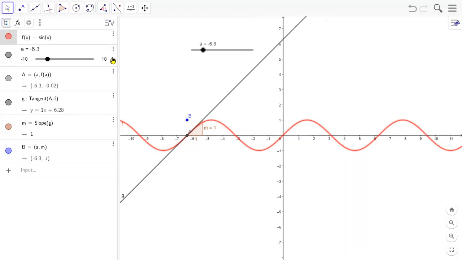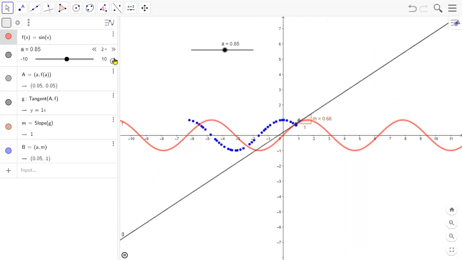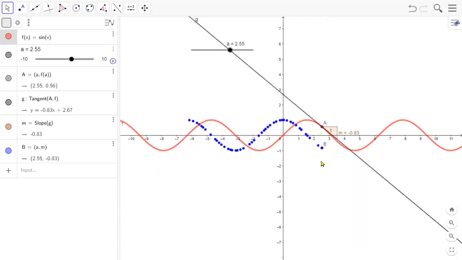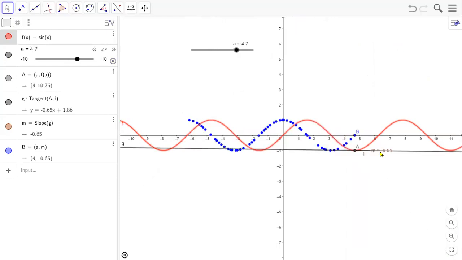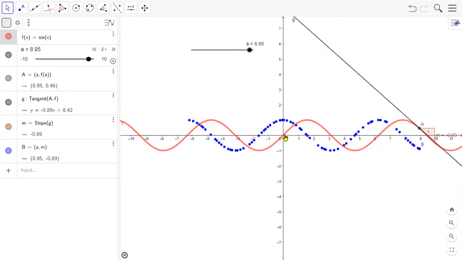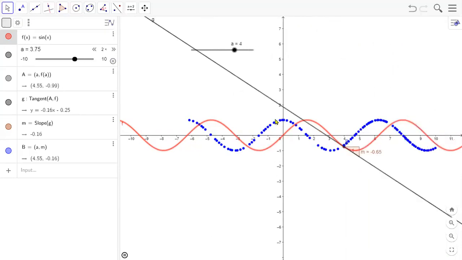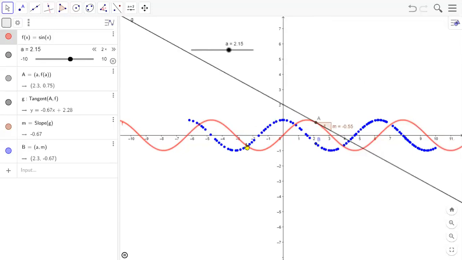Let me animate this once again. Here we can see the tangent moving along the given curve, and the locus of the slope of the tangent is represented by this blue dotted path.